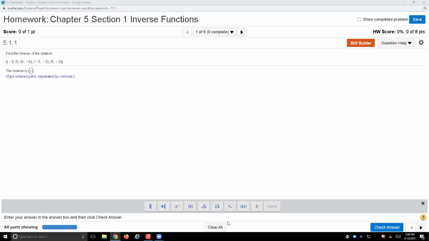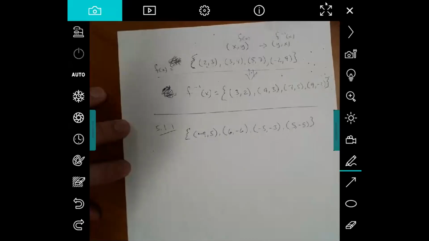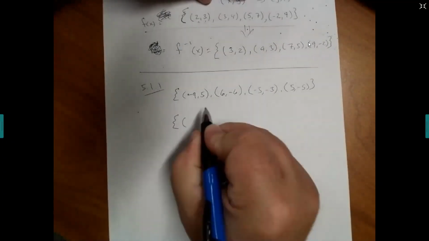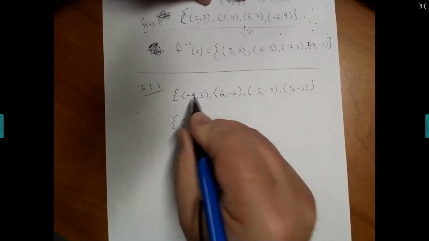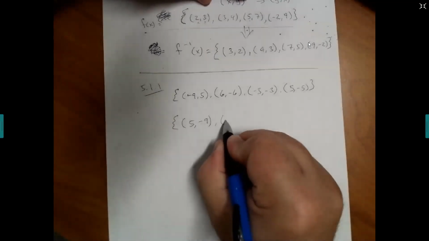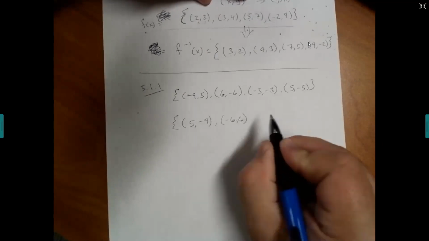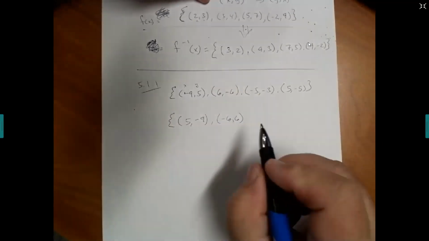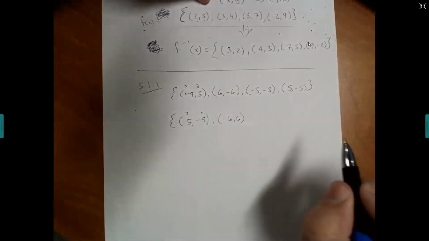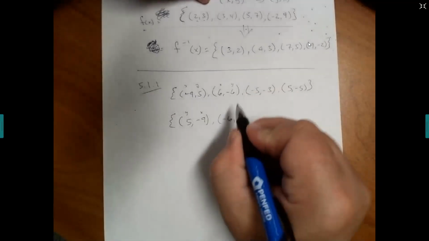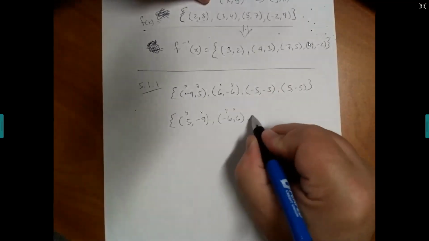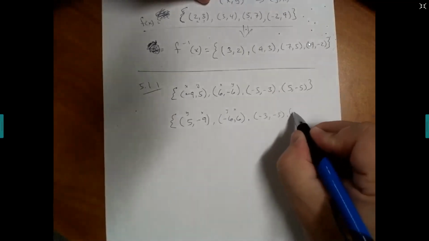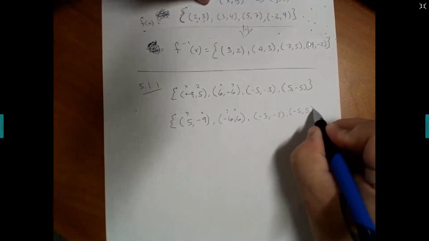All right, so the inverse of these would be (5, -9), switch x and y. (-6, 6). This is x, this is y. So I switch x and y. (-3, -5). (-5, 5).